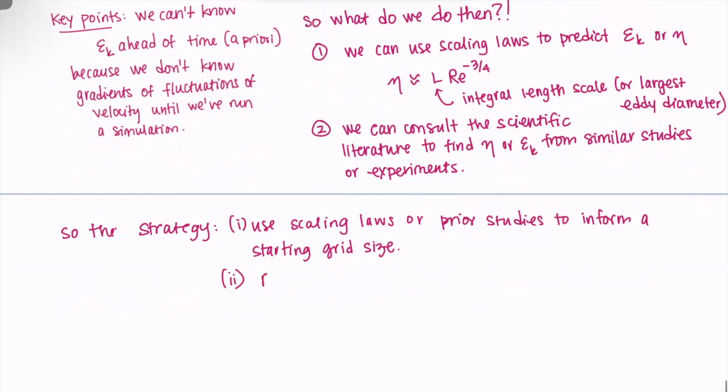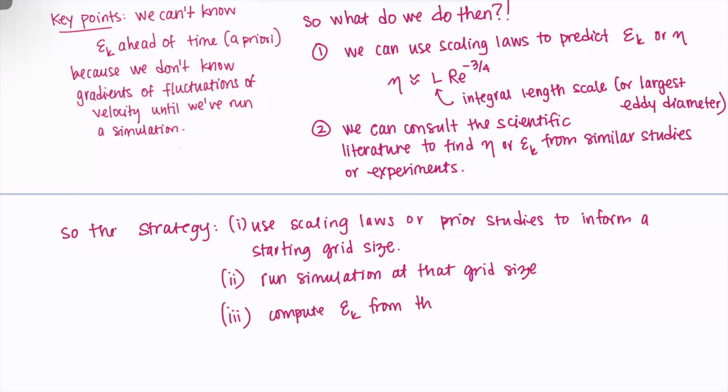So this is your first step. You're going to run your simulation at that grid size. Once you run your simulation, now you have access to what the actual dissipation is. So you're going to compute epsilon k from the simulation.